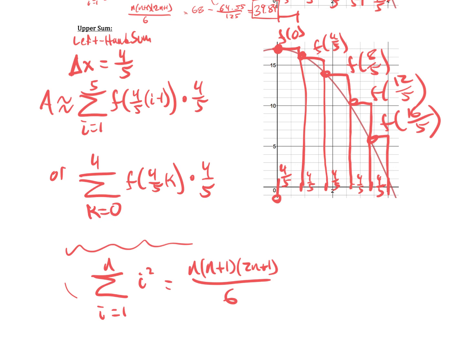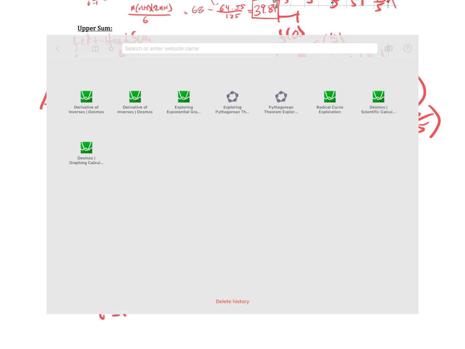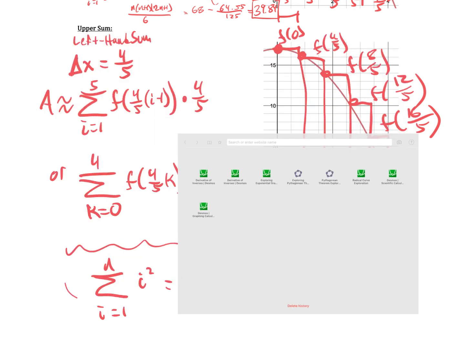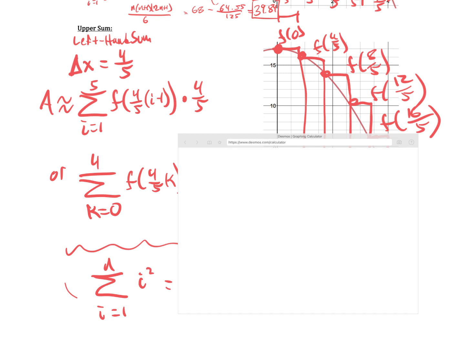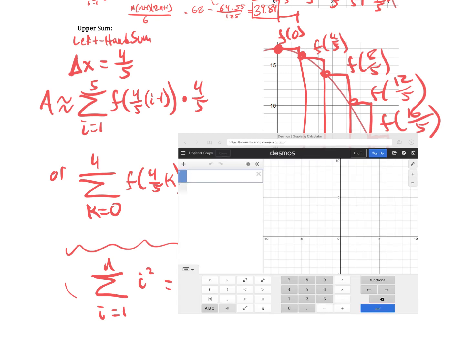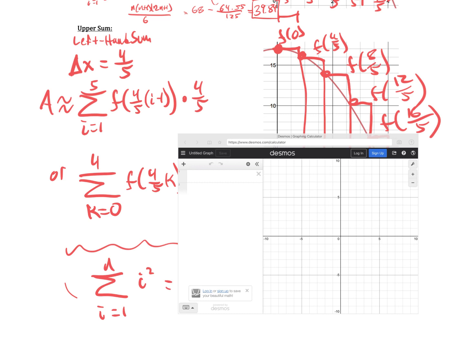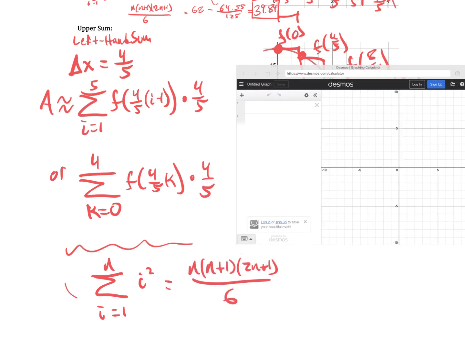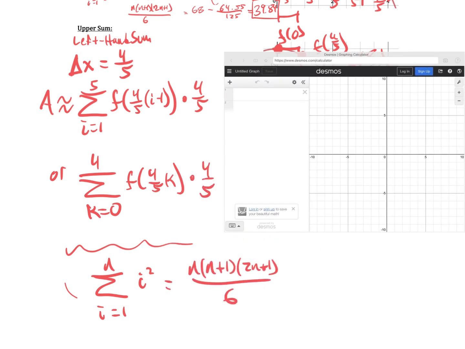Well, let's go to our calculator and let's see how this would work. I'm going to use Desmos. You could use your TI Inspire as well. On your TI Inspire, it's under Calculus and Sum. That'll give you the sum there.